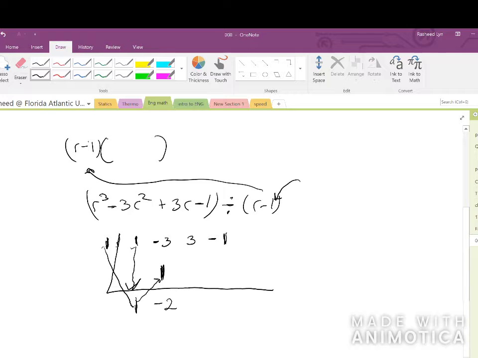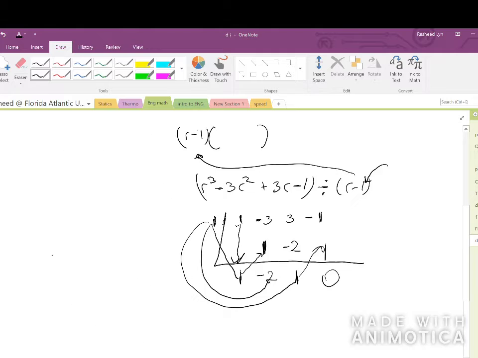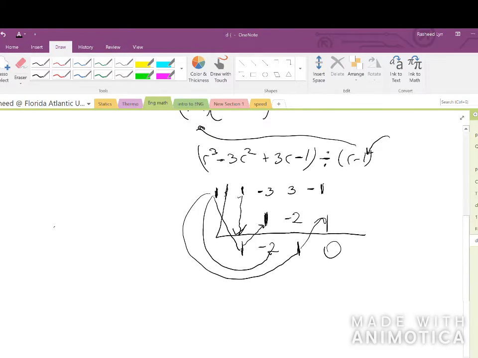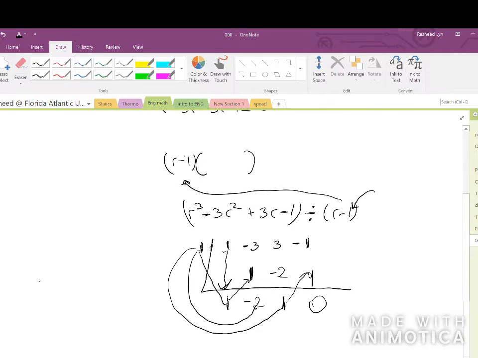And then you want to do that again. This multiplied by negative 2 is negative 2, and you add them together. That will become 1. Then you want to do the same thing: that will come here, 1, and 1, 0. Now from there, you want to plug these coefficients in here with their r values.